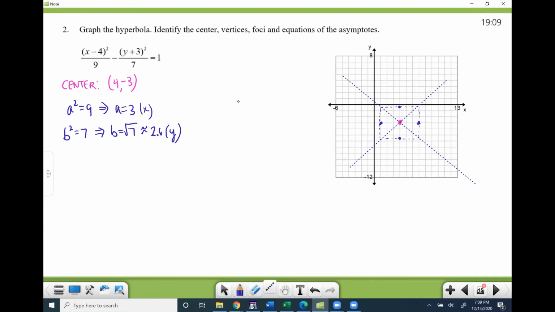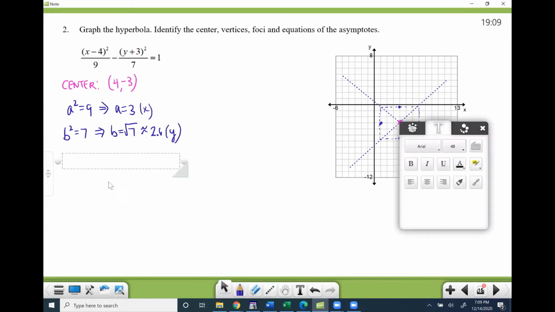Okay, I guess the next thing we got to figure out is which way we're facing, huh? So is this going to face horizontally or vertically? Or up and down or left and right, whatever. Since X is first, it opens left and right. Yeah, perfect.